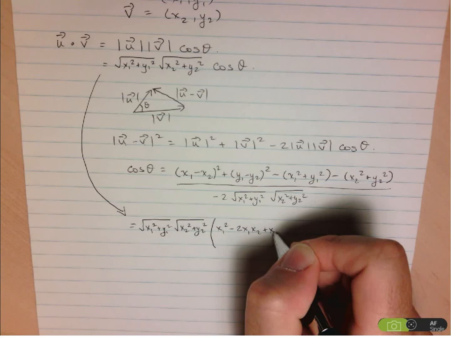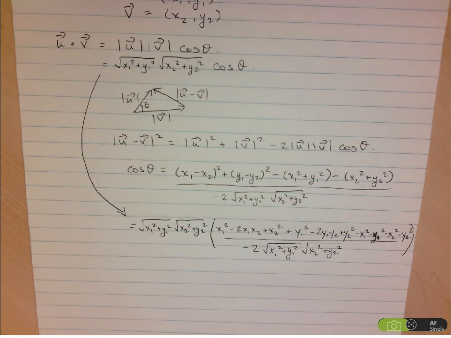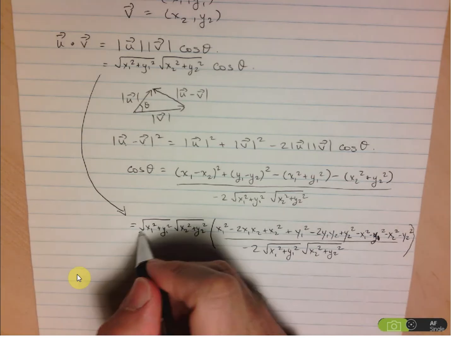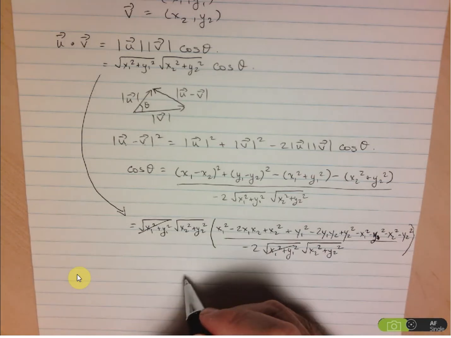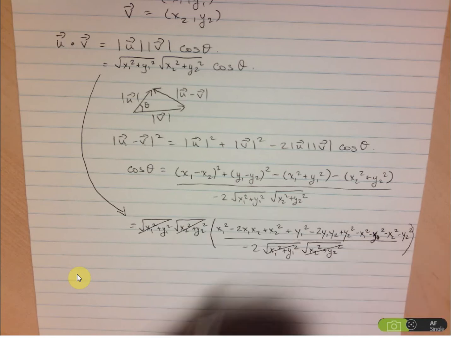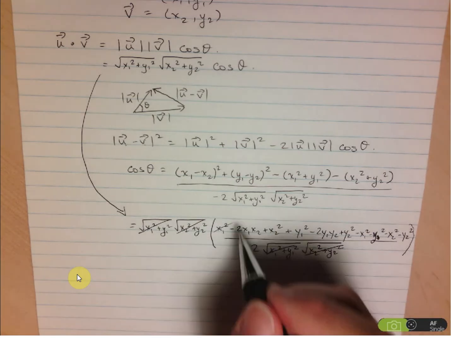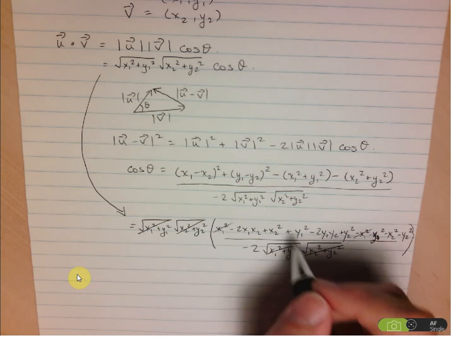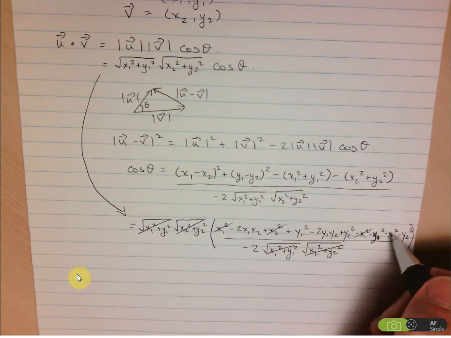Okay. And here, this is where we see some nice stuff that's going to happen. Okay, so we've got these magnitudes that cancel out, these magnitudes that cancel out, and we see that all the squared terms will cancel out in this numerator.